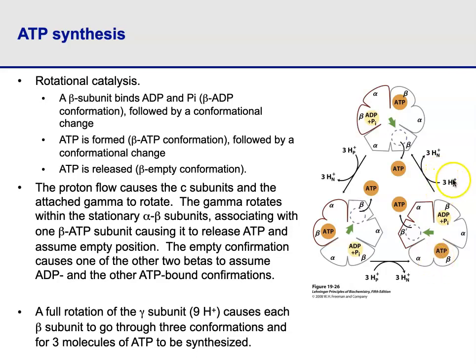So basically we need 3 protons for 1 ATP to be released from ATP synthase. This is a very important statement, and you need to remember it and not confuse it with something else I'm going to tell you later. 3 protons are required specifically for the release of ATP from the synthase.